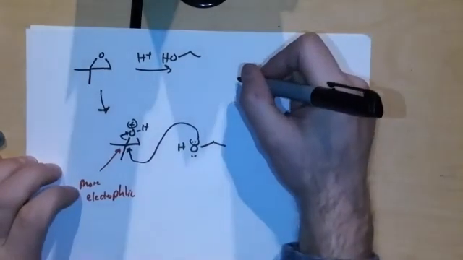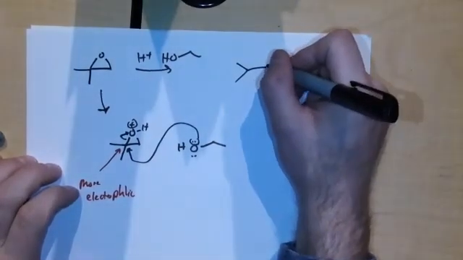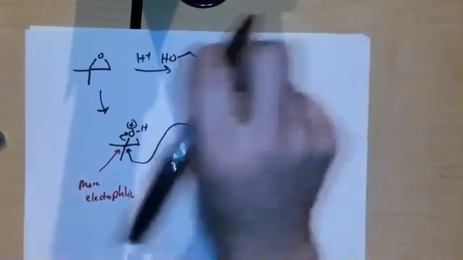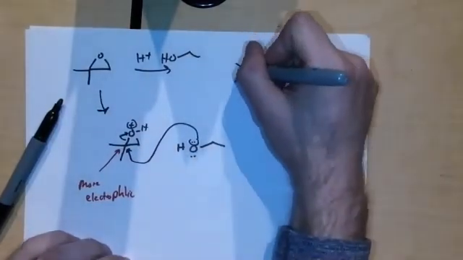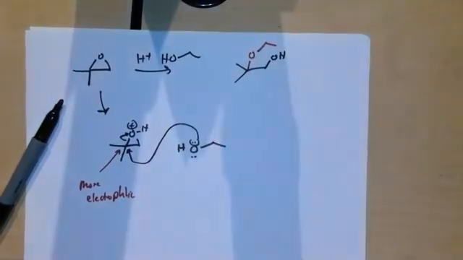We'll lose an H and get the ether on our more substituted position and the alcohol on our less.